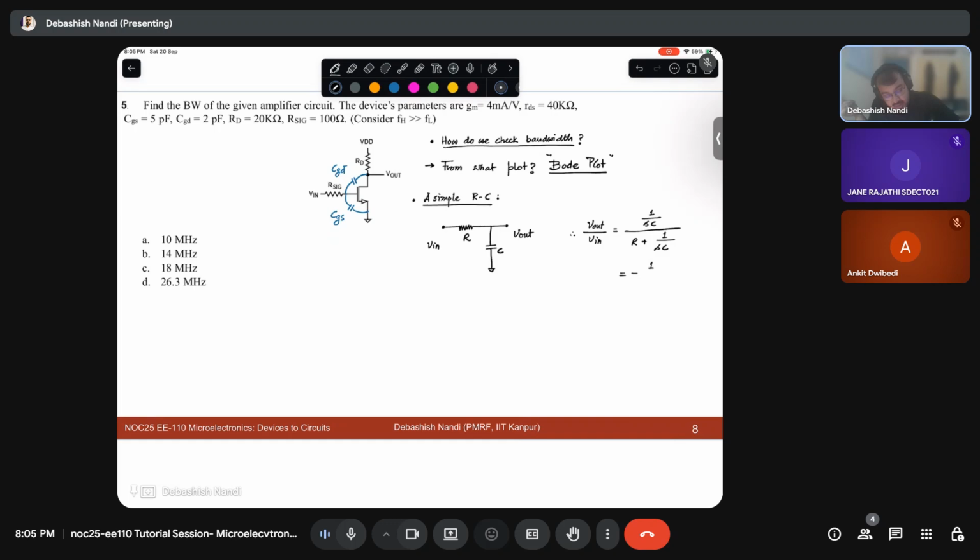So it is 1 by 1 plus SCR. Fine. So my V out of S by V in of S is equal to 1 by 1 plus SCR. So how do we plot Bode plot from this?